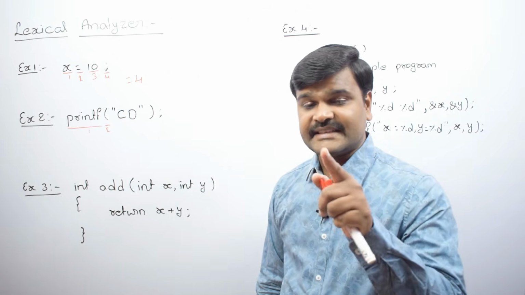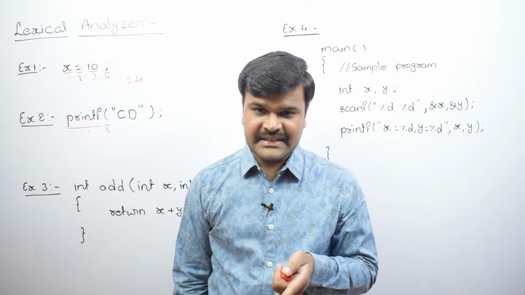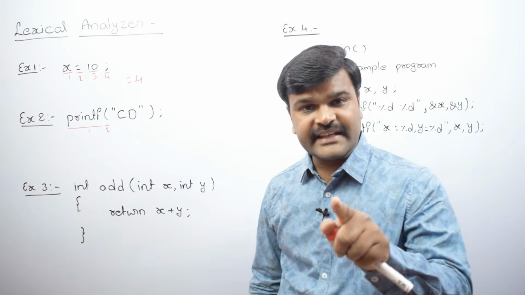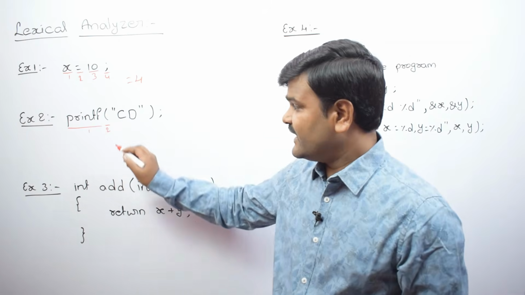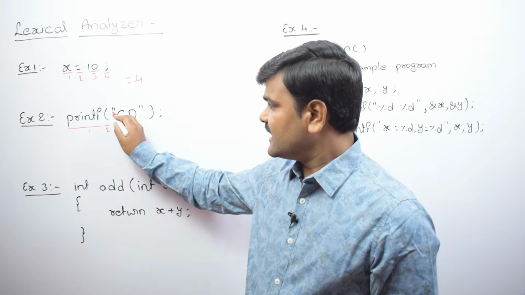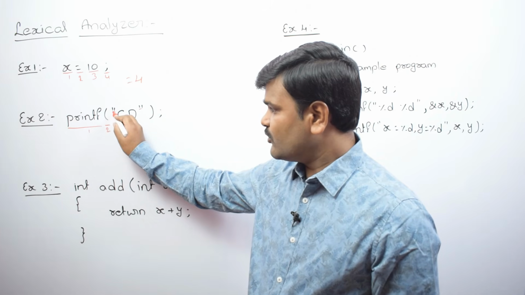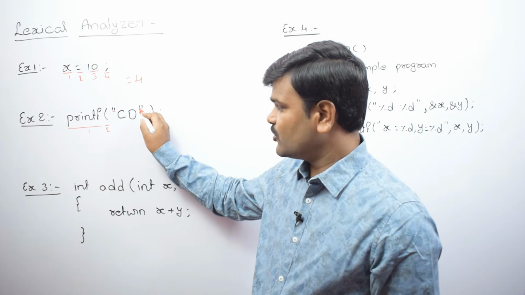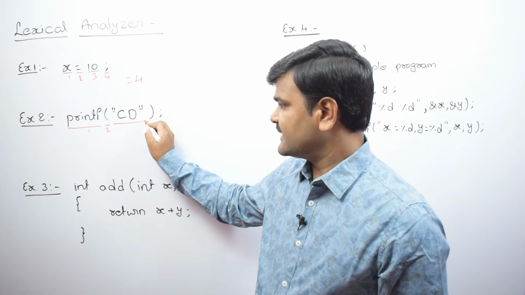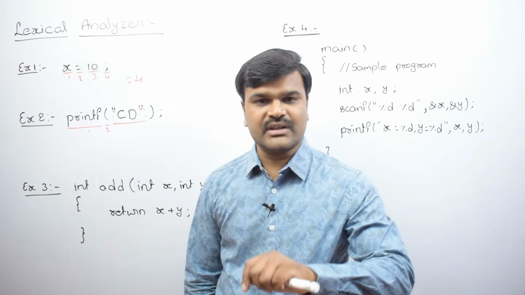When we were discussing constants, constants become tokens, right. We discussed string constants. How do you represent a string constant? In double quotes, right. That means this is the open double quote and this is the closed double quote. Whatever is between them, this whole thing from here to here, becomes the string constant.